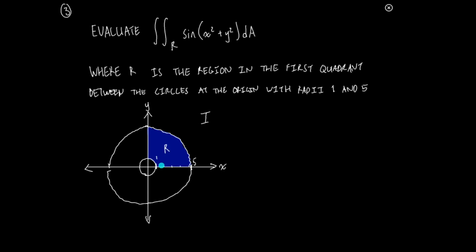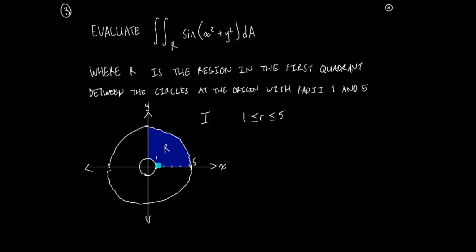But let's look at our bounds for our radius. So radius going from the center, it starts at 1 and it goes all the way out to 5, right? So r is greater than or equal to 1 and less than or equal to 5.